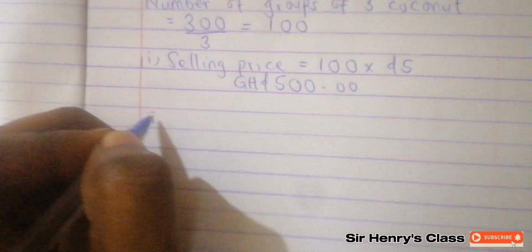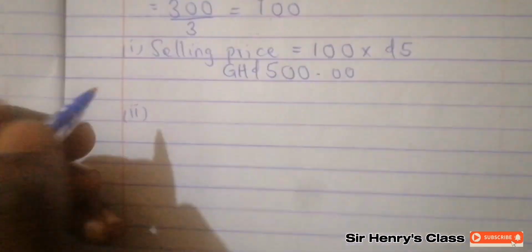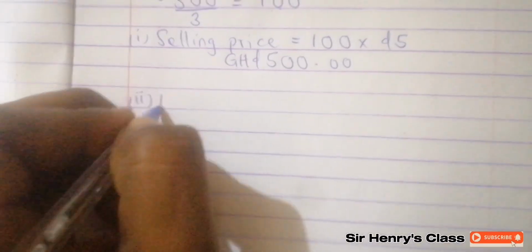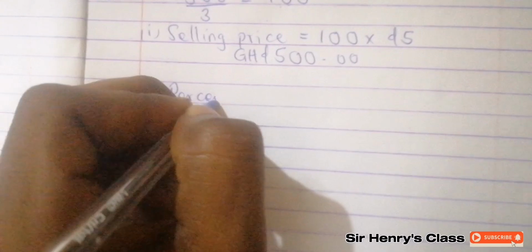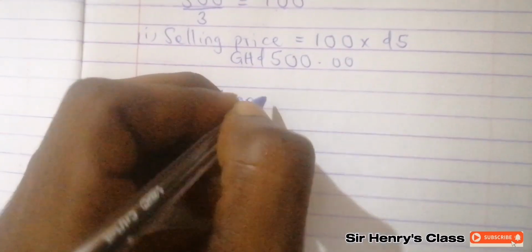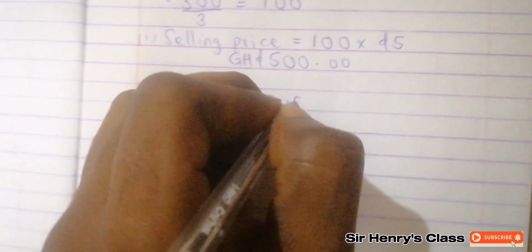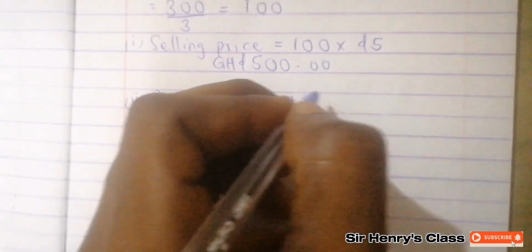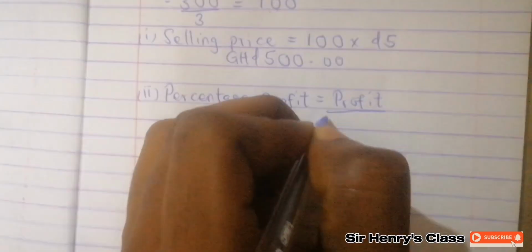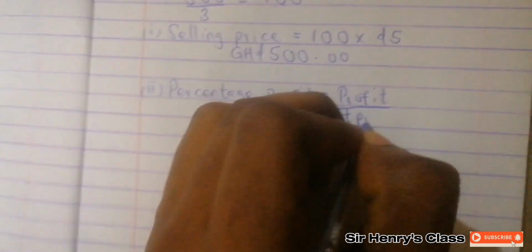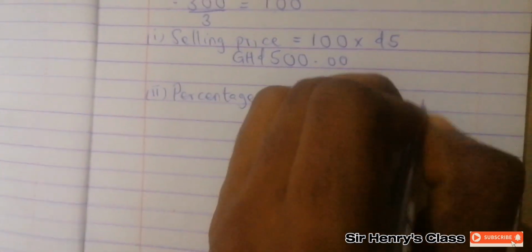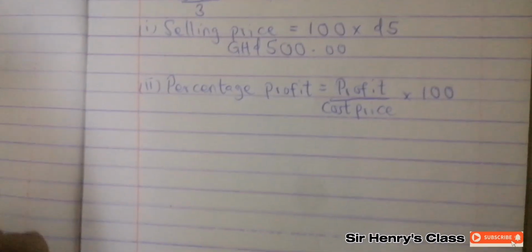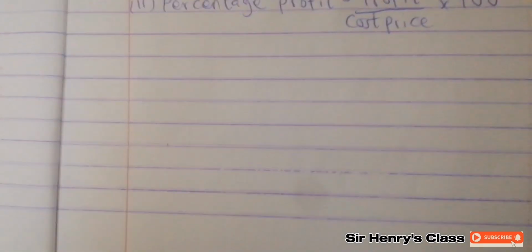And then the second one, the percentage profit. So the percentage profit is equal to profit all over cost price times 100.